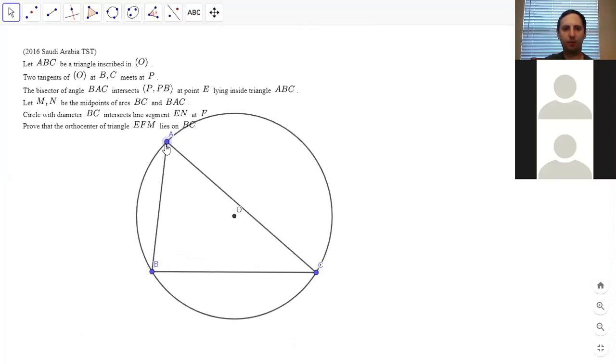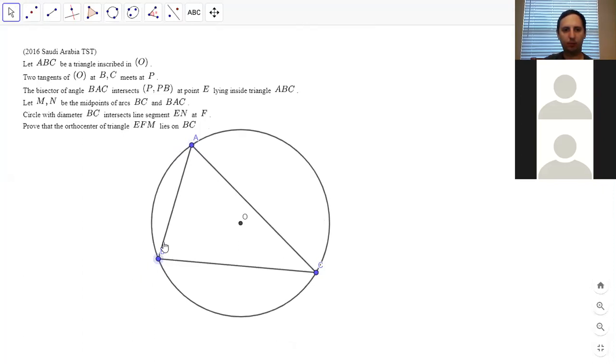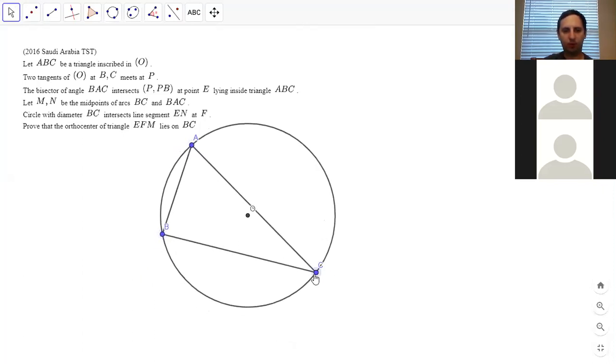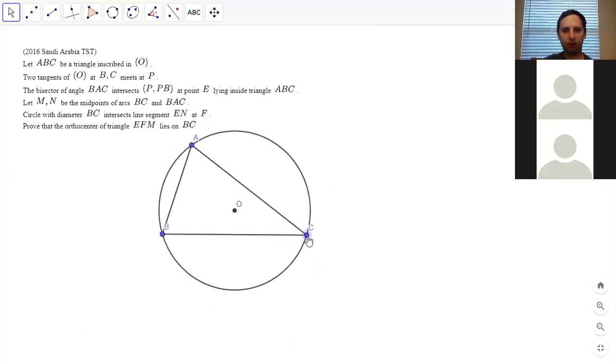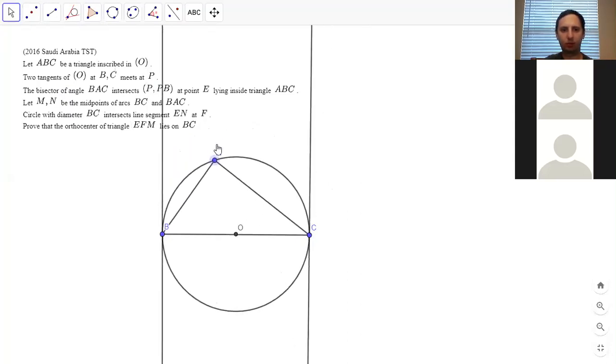Let me try to make some room. So like that. And I guess if I want the tangents at B and C to intersect not too far away, then I think I should make angle A more like almost obtuse.